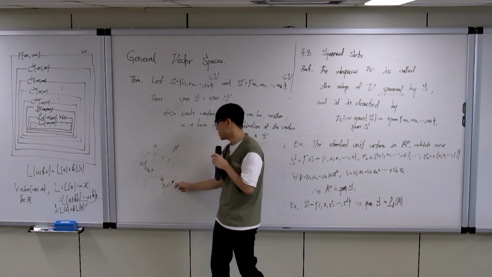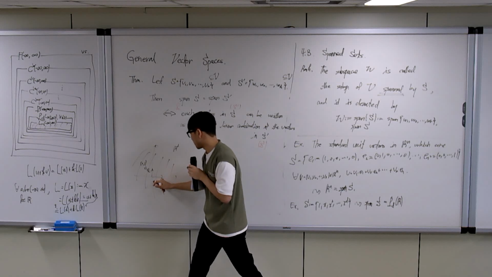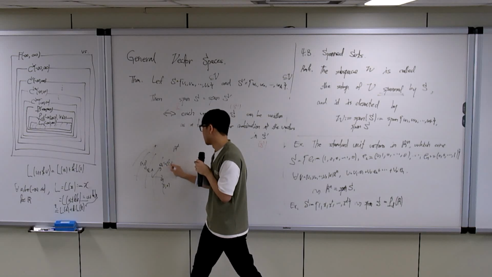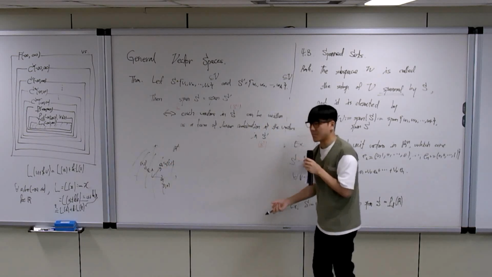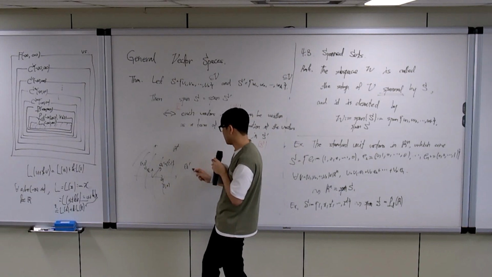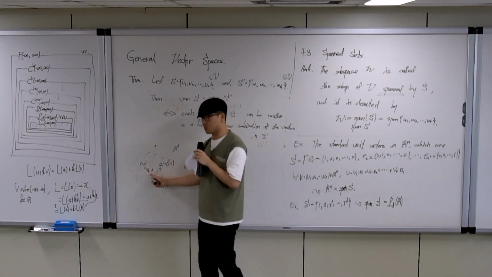If you bring another vector, E2 prime, which is (1, 1), then by calculating E2 prime minus E1, we can make E2.